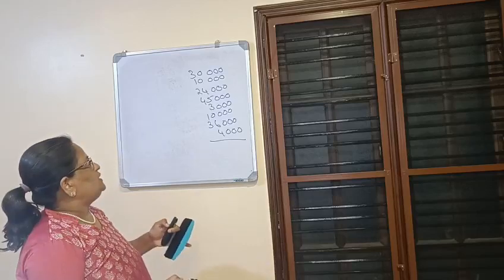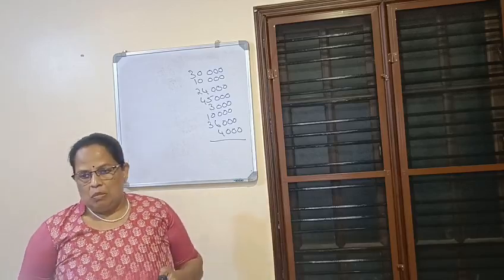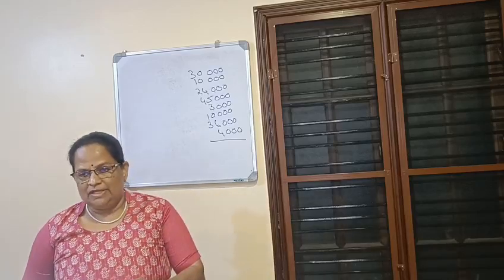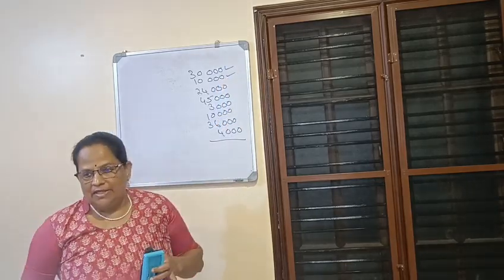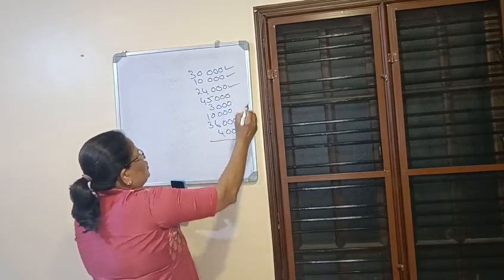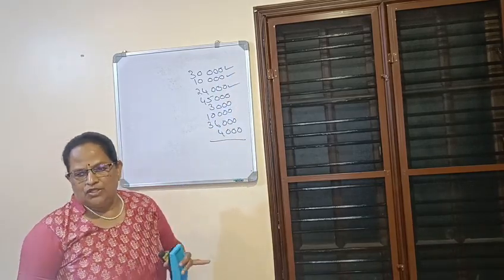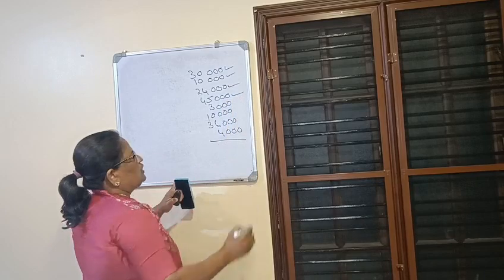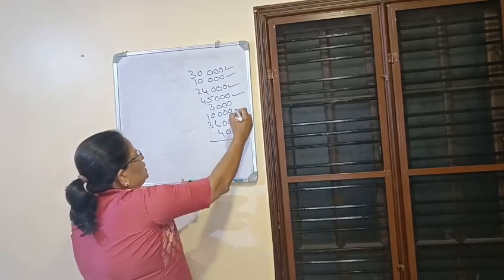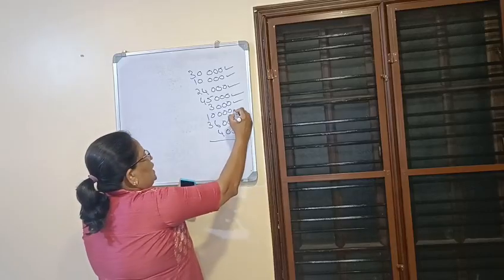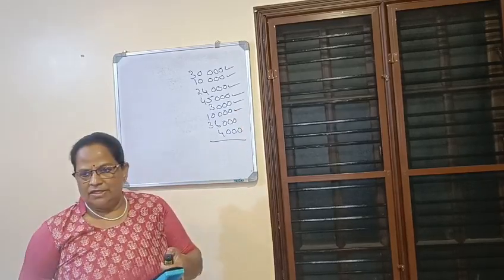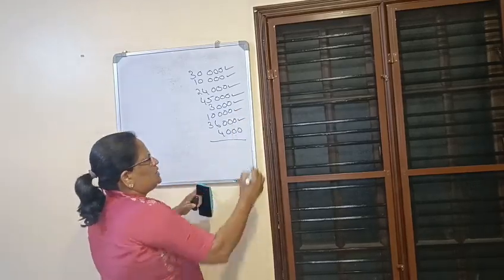So if you see, the LIC premium 40,000. Next is 24,000 contribution to recognized provident fund. Next is contribution to public provident fund 45,000. Group insurance scheme 3,000. Next is investment in NSC 8th issue. Next is housing loan 36,000.